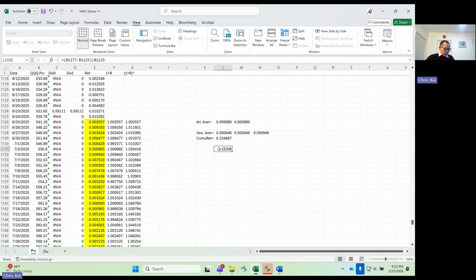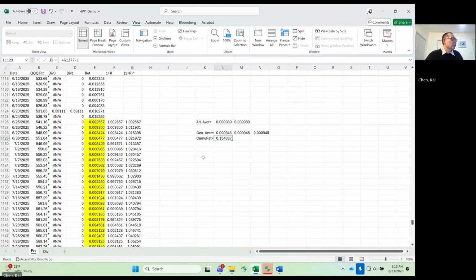So if you use this method, it is not correct, or at least it is not accurate, because it doesn't consider the time value of dividends.